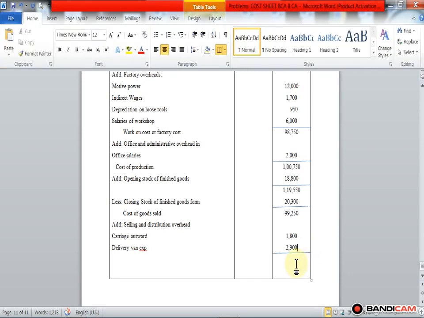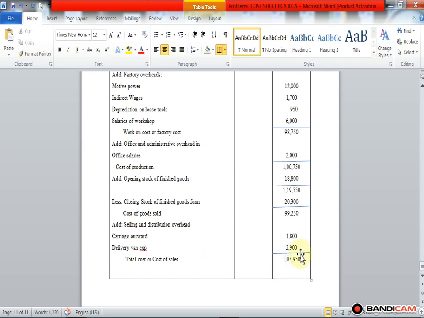We get a total cost of 1,03,950, the total cost or cost of sales.